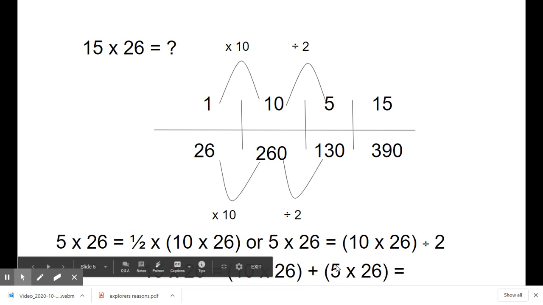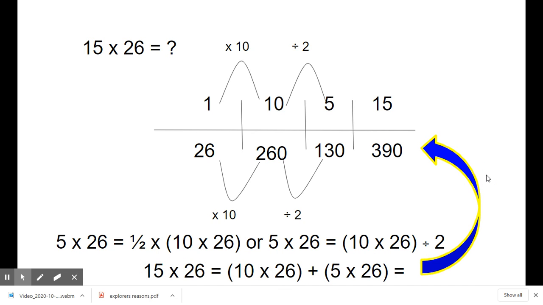Because if you look, 5 plus 10 is 15. 390 is the answer.